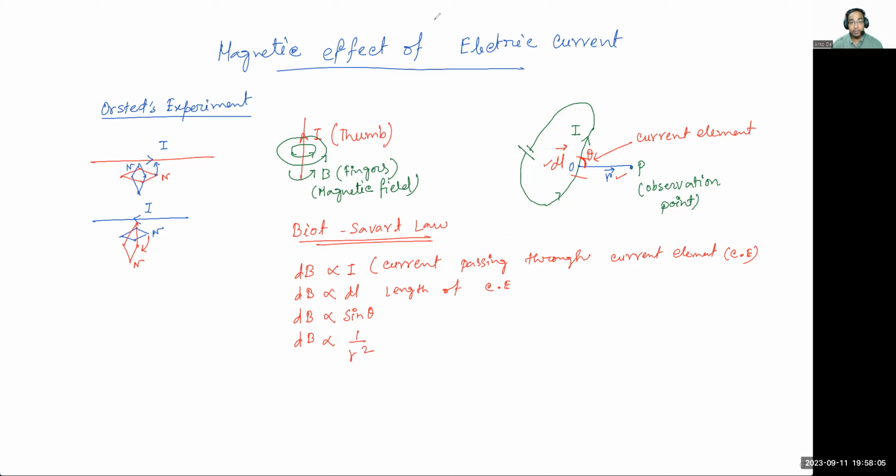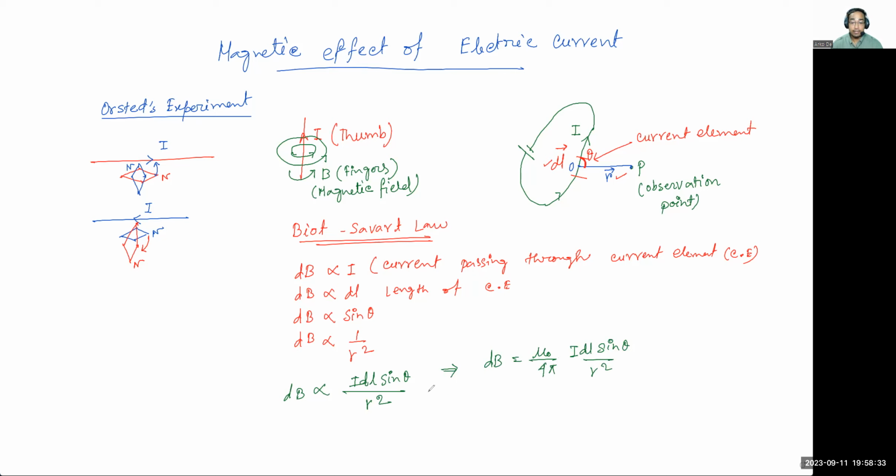If we combine all of this, let us see what we get. After combining, dB is proportional to I dl sine theta divided by r square. To make that into an equation, we need a proportionality constant, which is mu naught divided by 4 pi, times I dl sine theta divided by r square as before. So what is mu naught?